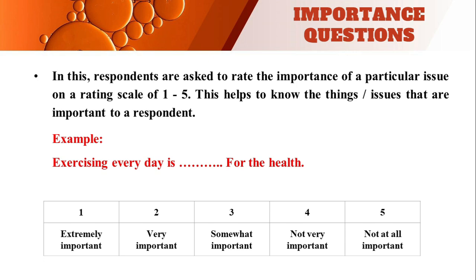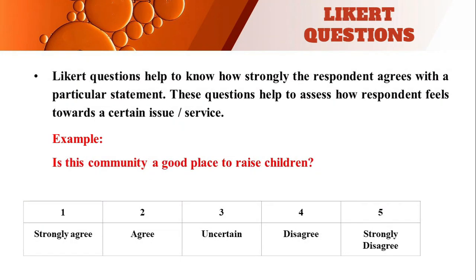Next, we have another type, that is Likert questions. To know a person's opinion, what a person believes, whether they strongly agree or strongly disagree with a particular concept, we go for Likert questions, basically a 5 point scale.